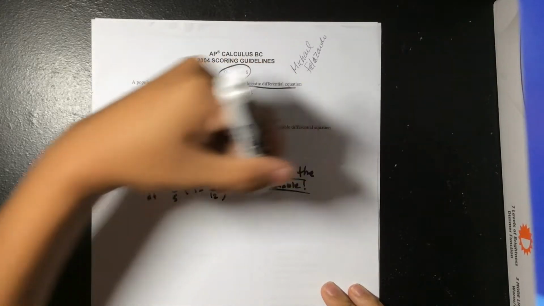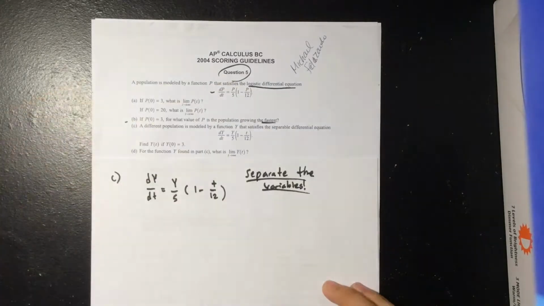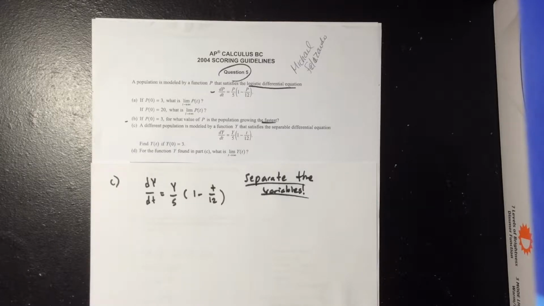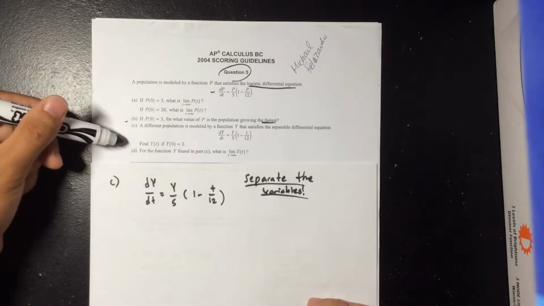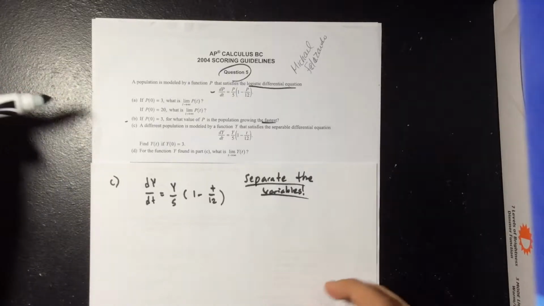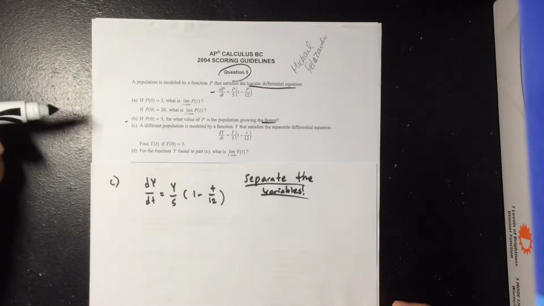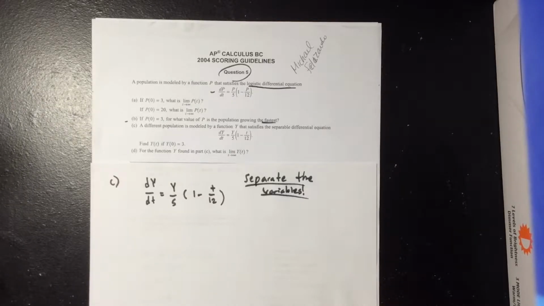This is the most important step, because if you don't separate the variables, you get no points on this part of the FRQ. And usually, when it comes to finding the particular solution based off a differential equation, those usually give about 5 or even 6 points. So they're very crucial.